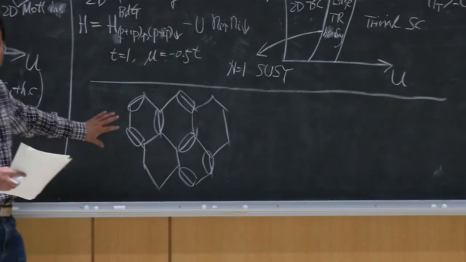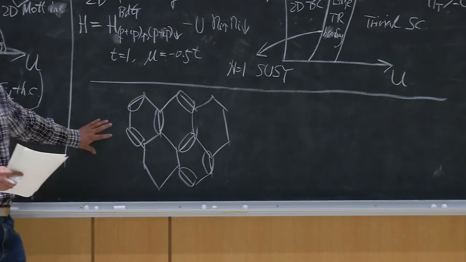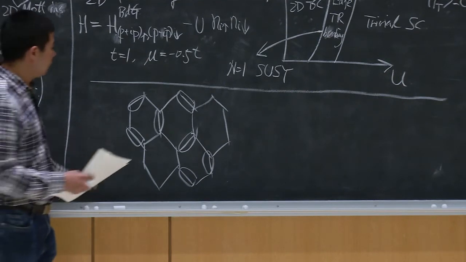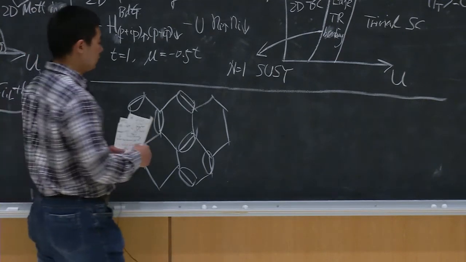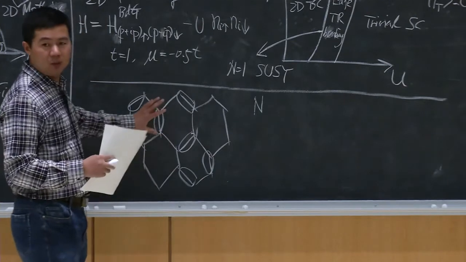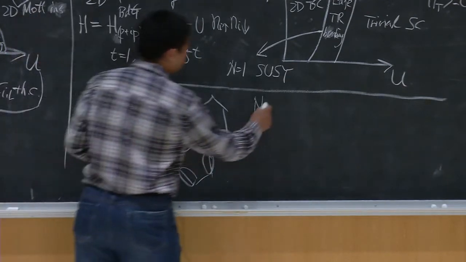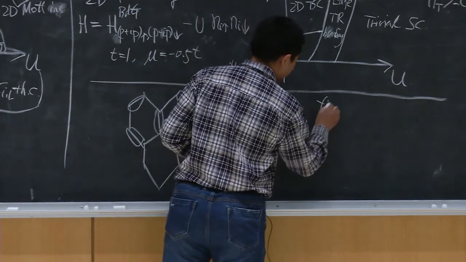However, we are really studying a fermionic quantum phase transition. Fermions play a role in determining the nature of the quantum phase transition. So it turned out that it depends on the number of flavors in this problem. When n equals 0, this Kekule transition certainly is first order.